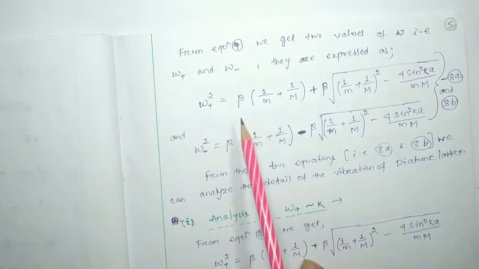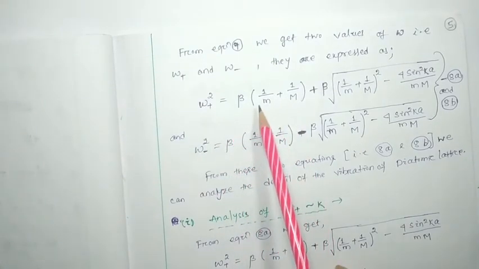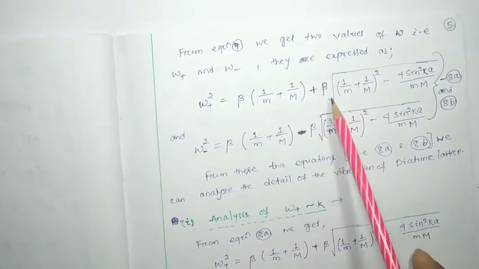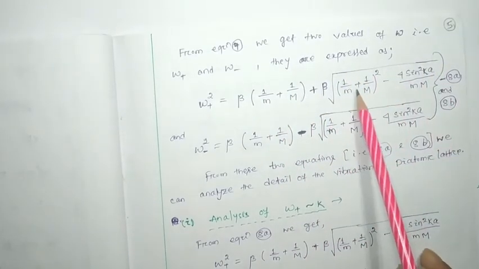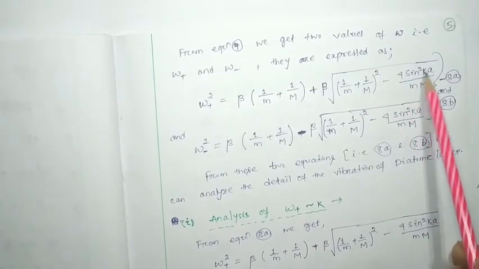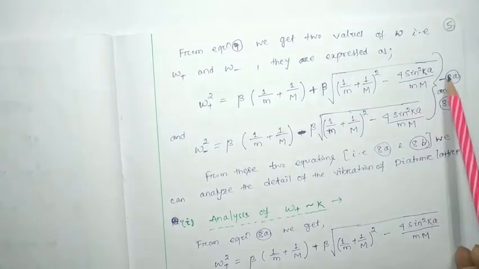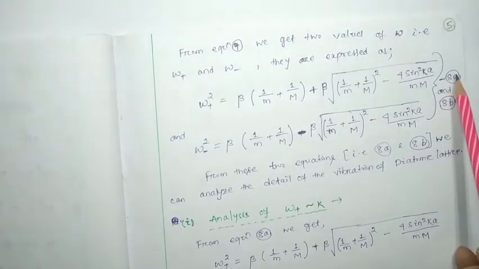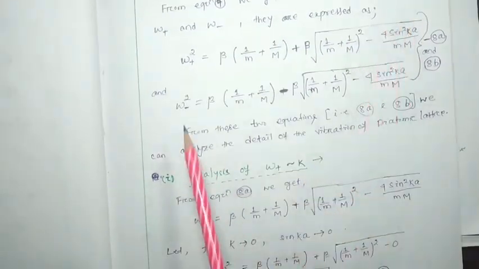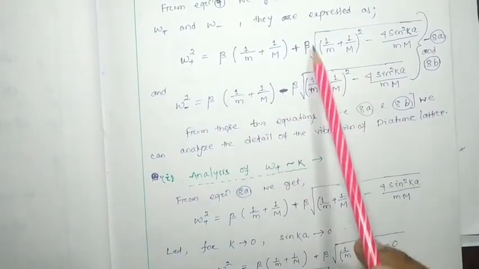So omega plus square will be equal to beta into (1 by m plus 1 by M) plus beta root over of (1 by m plus 1 by M) square minus 4 sin square ka by small m into capital M. Let this be equation number 8a. Likewise, omega minus square will be equal to the same term minus this same term.